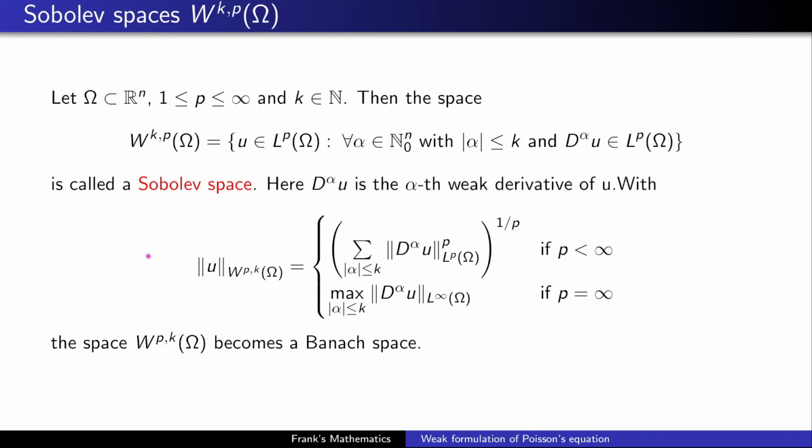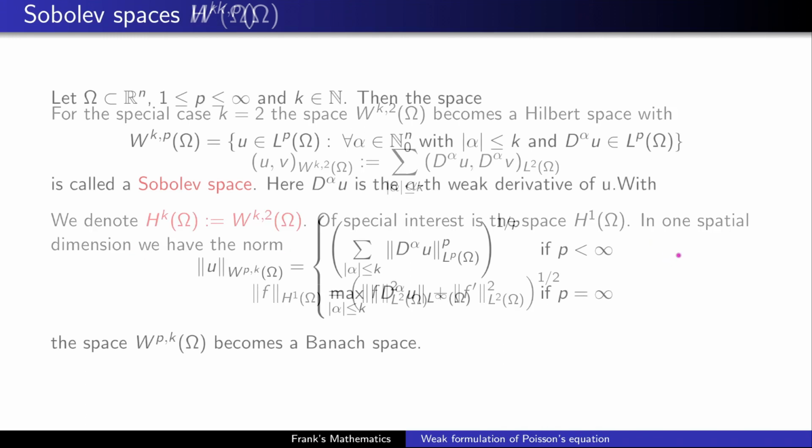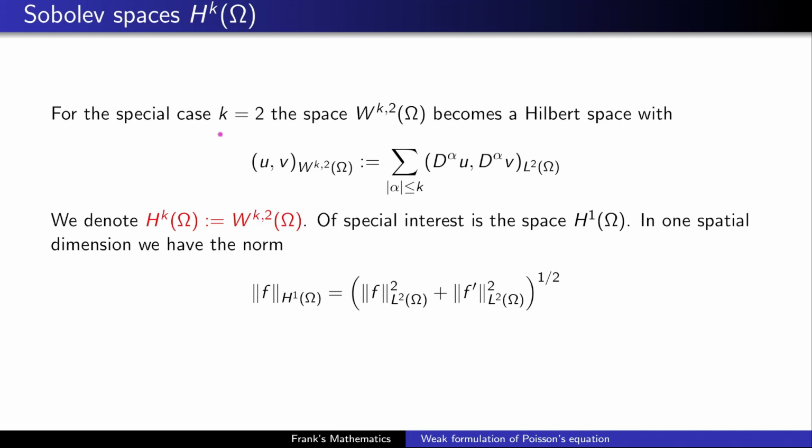But we can go even a little bit further. For the special case p equals 2, the space W^{k,2} in fact becomes a Hilbert space with the following definition of a scalar product. And this is now super, because in functional analysis you always want to have Hilbert spaces.